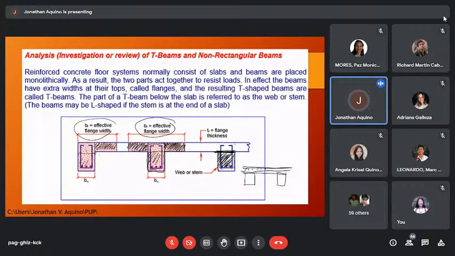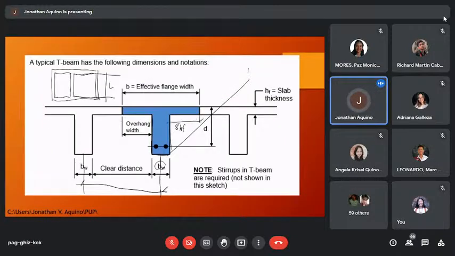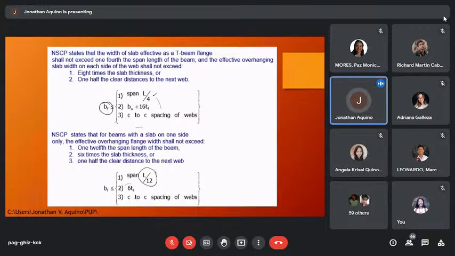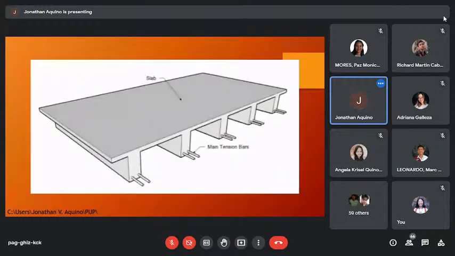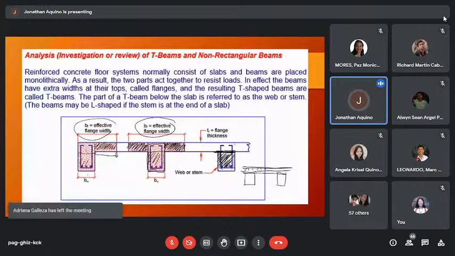Ito yung overhang na to. Or center to center spacing between webs. So same true with this one. So center to center spacing between webs. So kunyari ito is C. So 1/2 nun, center to center spacing. So yung tributary, ibig sabihin yung tributary nung beam.